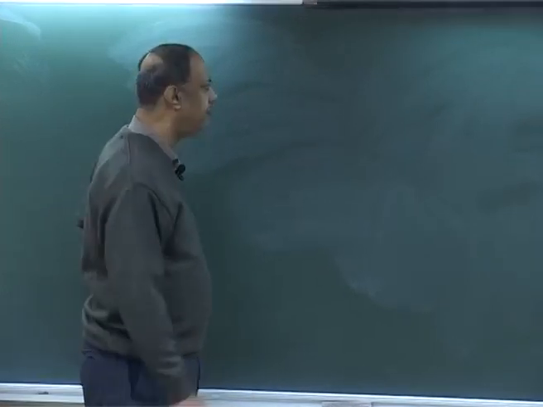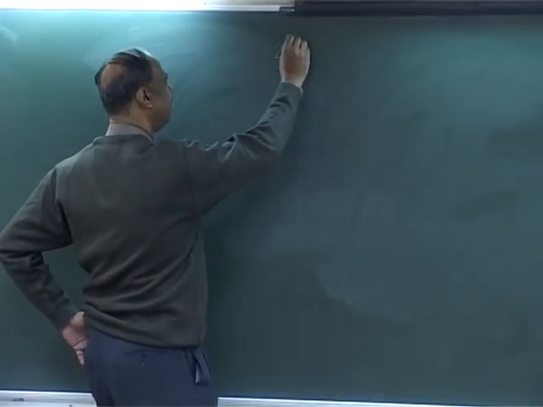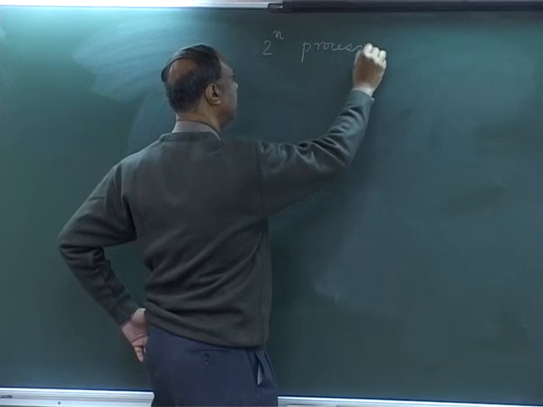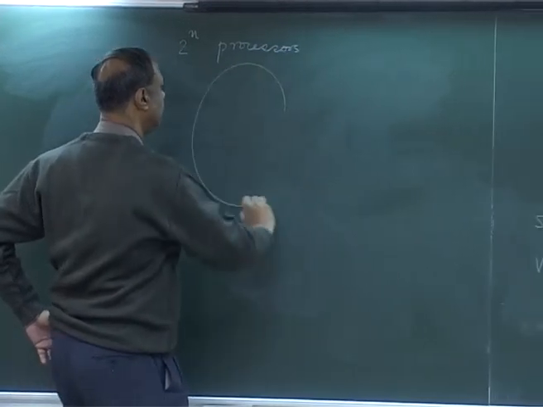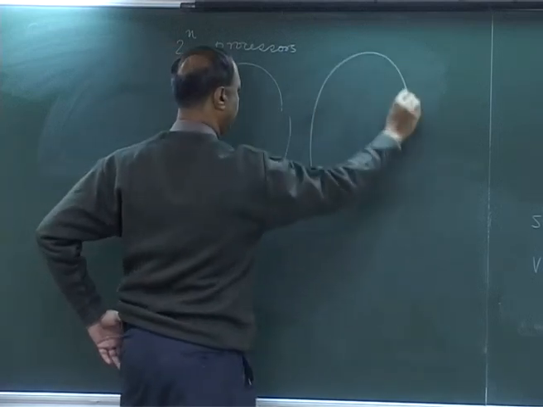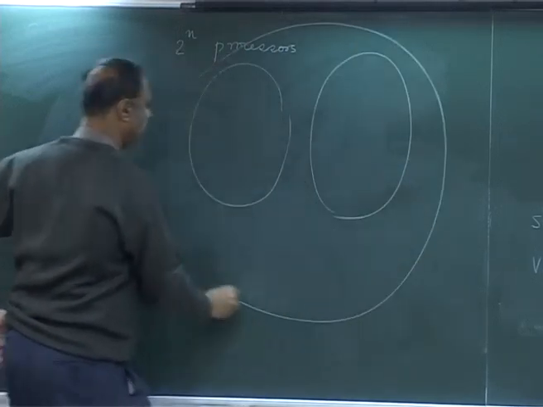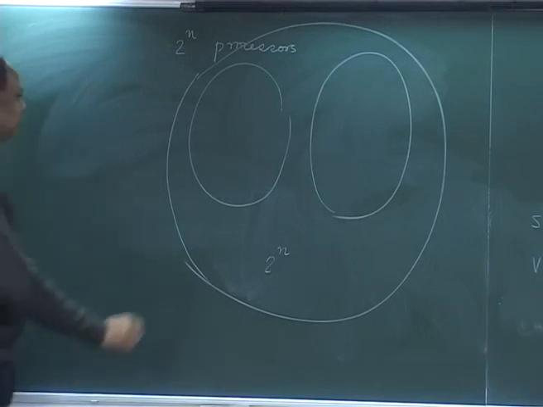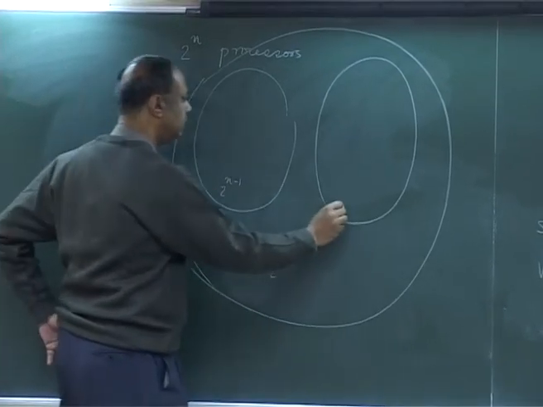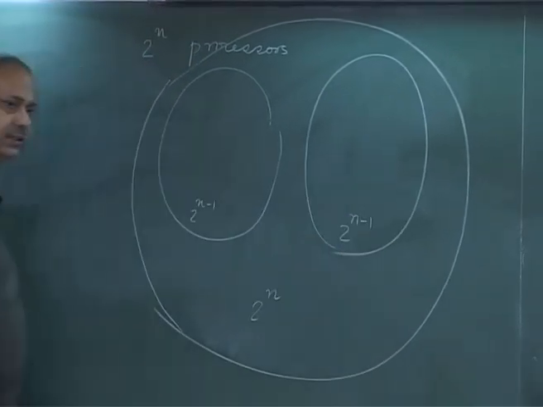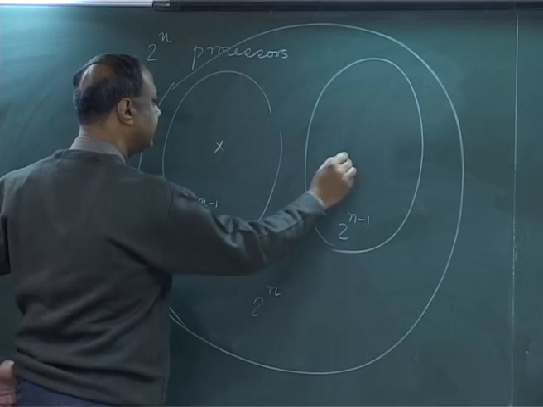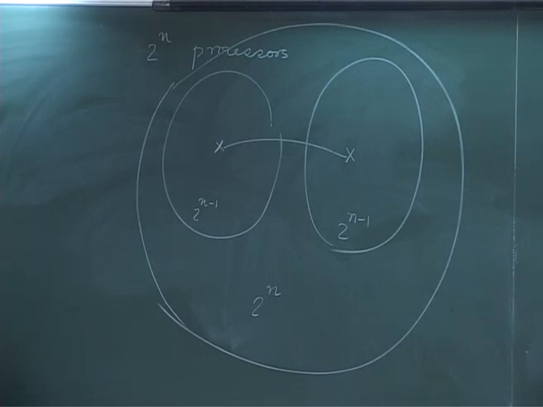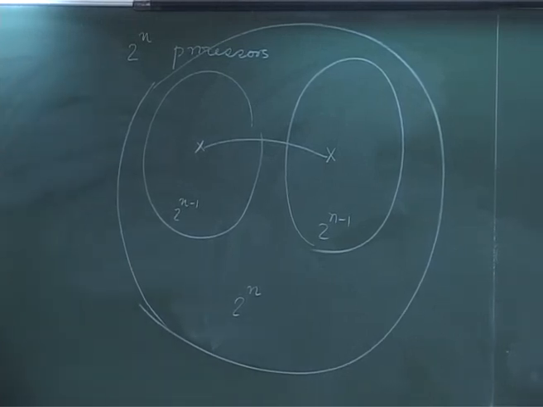Hypercube is if you have 2 to the power n processors, this is your 2 to the power n processor, this contains 2 to the power n minus 1 processors, this contains 2 to the power n minus 1 processors and each processor is connected with exactly one processor of the other sub hypercube whose MSB is different. Okay.